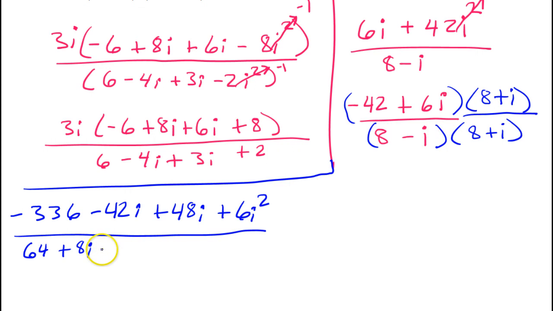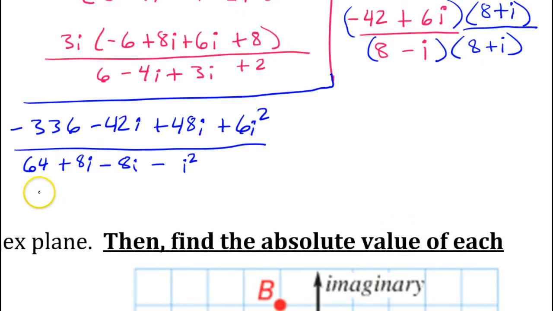Distributing the negative i gives me minus 8i minus i squared. Okay, now I'm running out of space, so I'm going to squeeze it in here. i squared is negative 1.